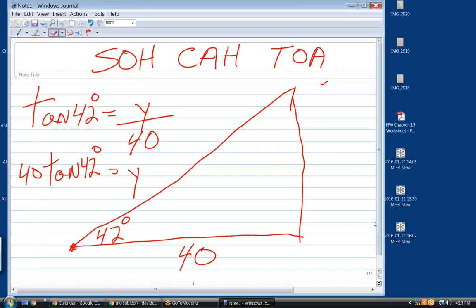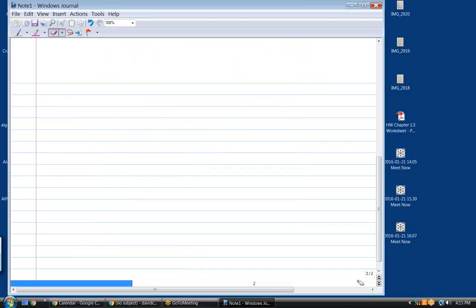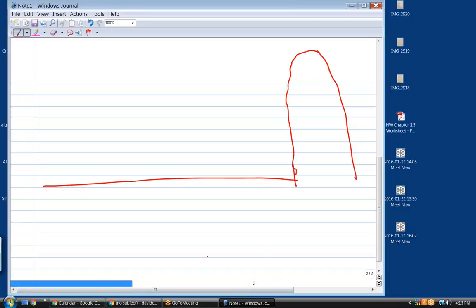Now, there's a pretty clever use of trig where I like to use the example of the first settlers who were traveling west. Okay? 100 miles away from Denver, they spot Pikes Peak.